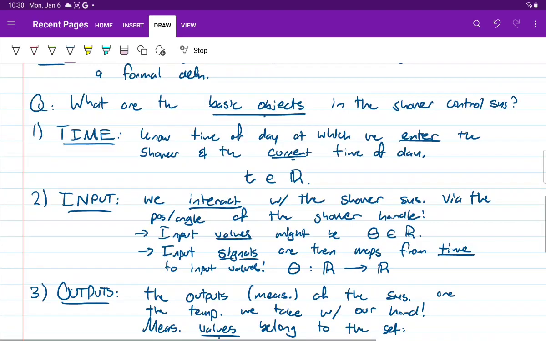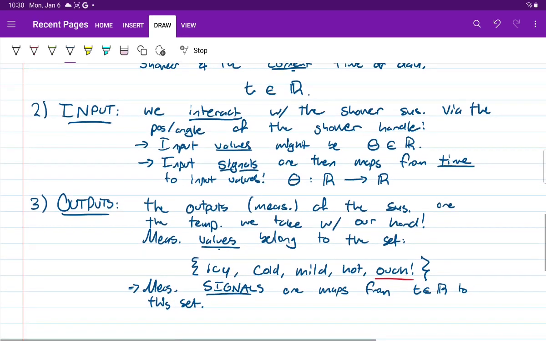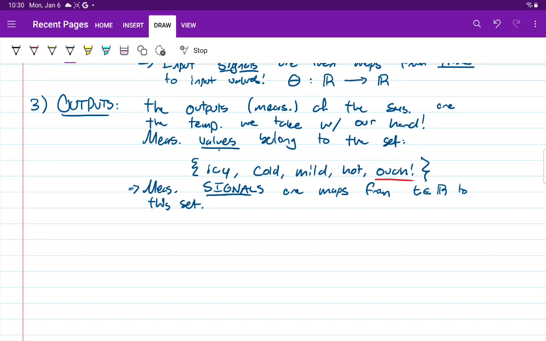so we've covered time, input, output. What else do we have in this system? Well, we know that icy, cold, mild, hot, and ouch don't actually represent what's really going on in our system, right? Those aren't true measurements of our shower temperature, all right?